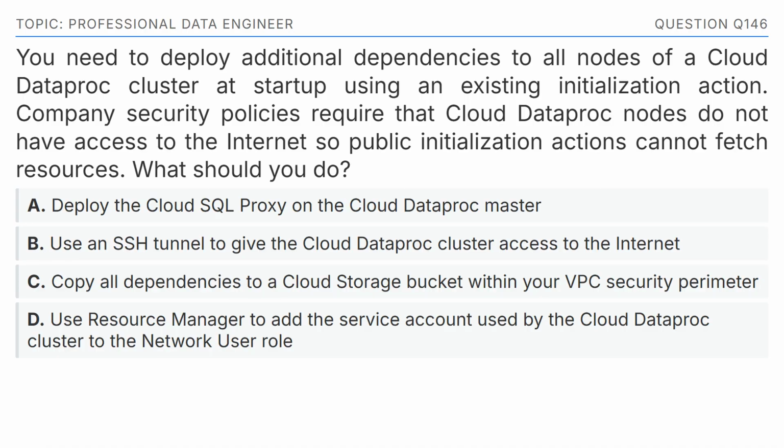The options are: Option A, deploy the Cloud SQL proxy on the Cloud Dataproc master. Option B, use an SSH tunnel to give the Cloud Dataproc cluster access to the Internet. Option C, copy all dependencies to a cloud storage bucket within your VPC security perimeter. Option D, use Resource Manager to add the service account used by the Cloud Dataproc cluster to the network user role.